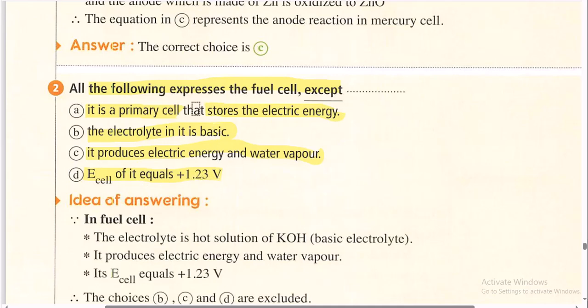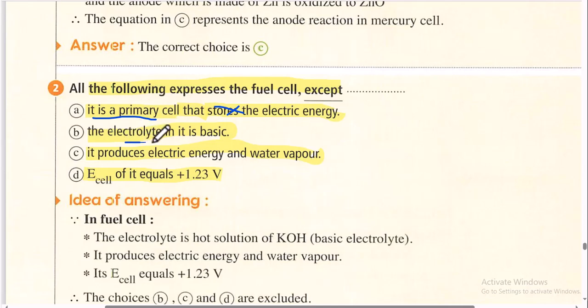So what is the wrong option here? The wrong option is that it is a primary cell, and we said that it is really a primary cell, but it does not store electric energy. So all these options are correct about the fuel cell. It is a primary cell.